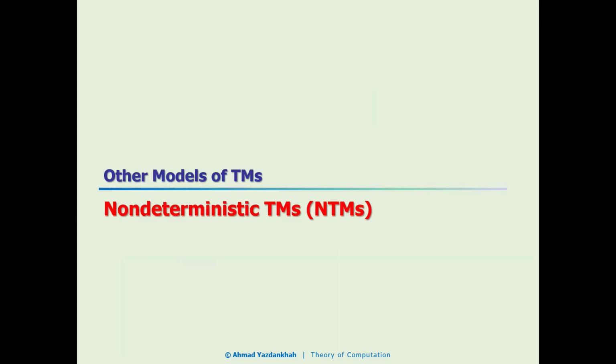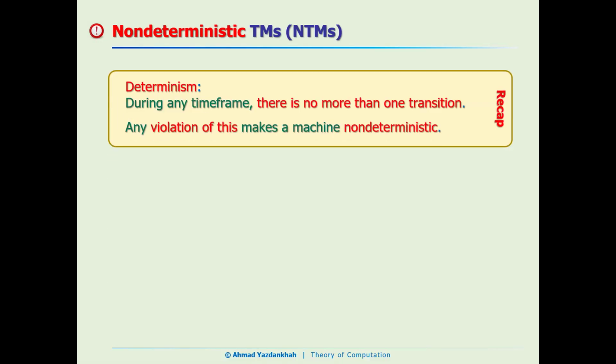Now let's see what a non-deterministic Turing machine is. Just to refresh your mind, what was the definition of determinism? During any time frame, there is no more than one transition. So we have these kinds of machines with this feature. How can we violate determinism?